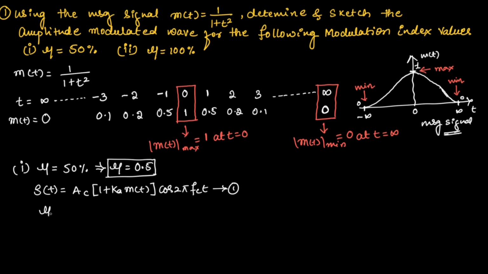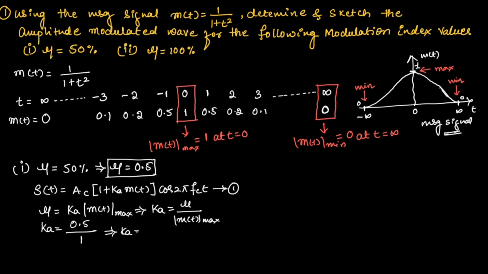We know mu is equal to Ka m of t maximum. So from this we can write Ka is equal to mu divided by m of t maximum. So if we substitute the values, we can write Ka is equal to mu is 0.5 divided by m of t maximum is 1. So we'll get Ka is equal to 0.5.